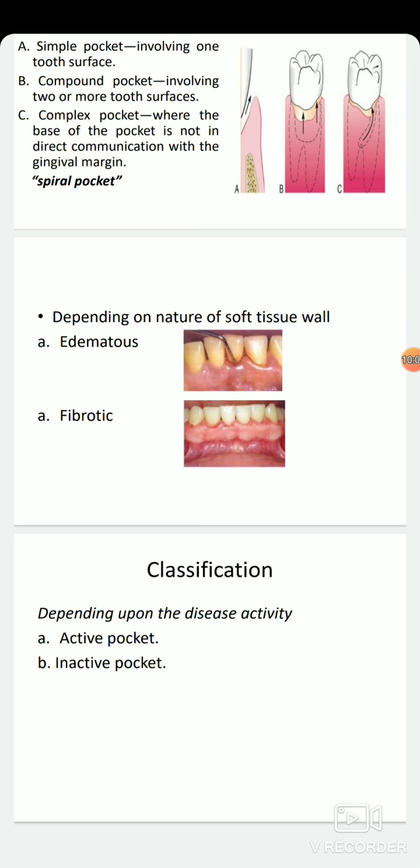Fibrotic pockets are more seen in gingival enlargement, especially drug-induced gingival enlargements, whereas edematous pockets are more seen in inflammatory diseases.